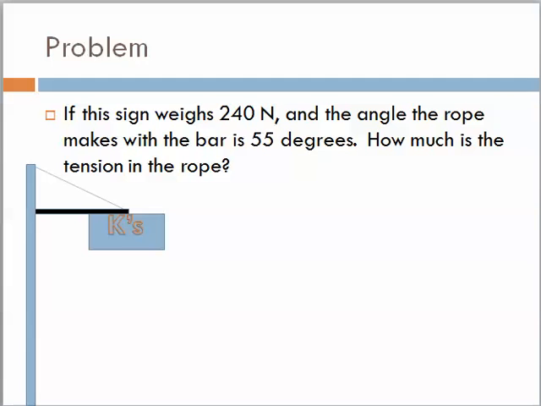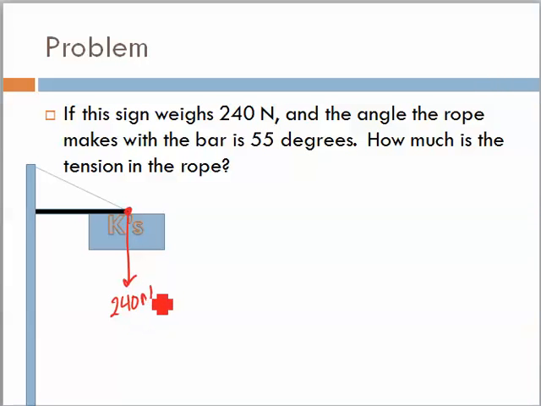Well, I'm going to draw a free body diagram here. We haven't talked a whole lot about free body diagrams. Some of you have talked more about it in class, but we're going to give a little point right here. And we know the weight of the object. It's 240 newtons down.